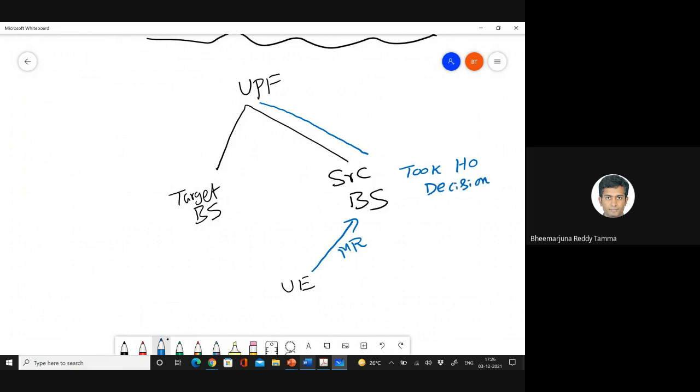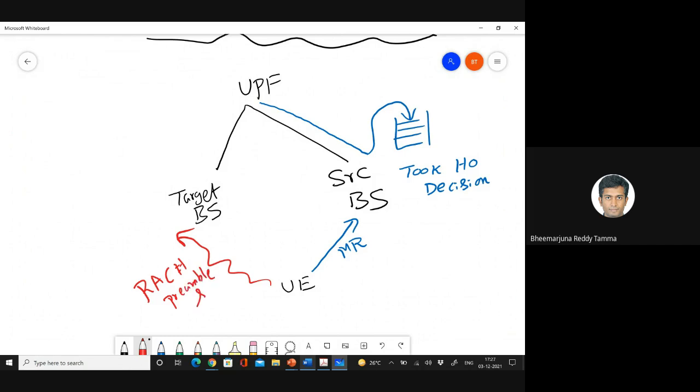As soon as the source base station took the handover decision, it started buffering the data. Then the user equipment is doing the RACH procedure that we discussed, sending the preamble and getting the random access response.